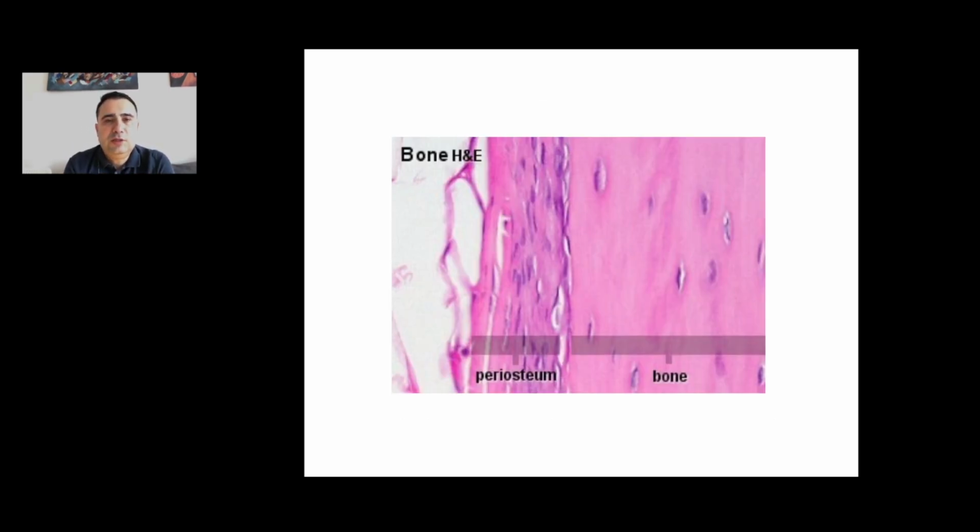This histological section photograph shows the inner part, the endosteum part of the bone tissue. Here you can see the bone, the periosteum, and the vascular supplies. The periosteum is a thin layer composed of cells, and the inner part contains preosteoblasts.